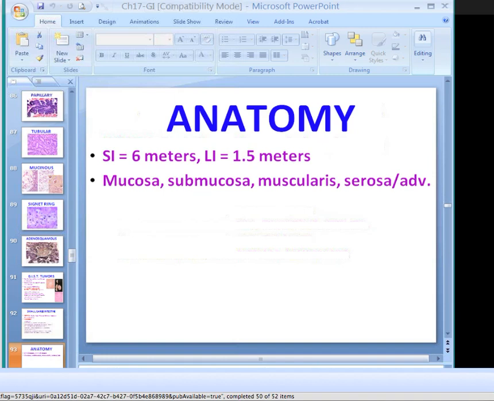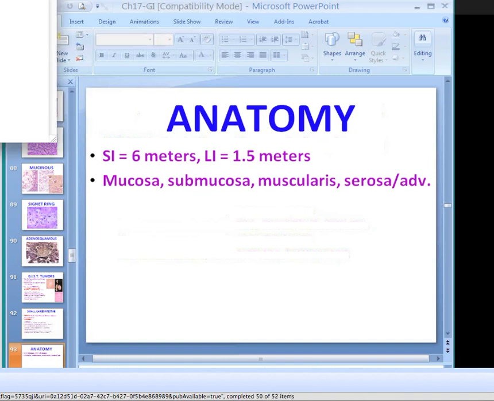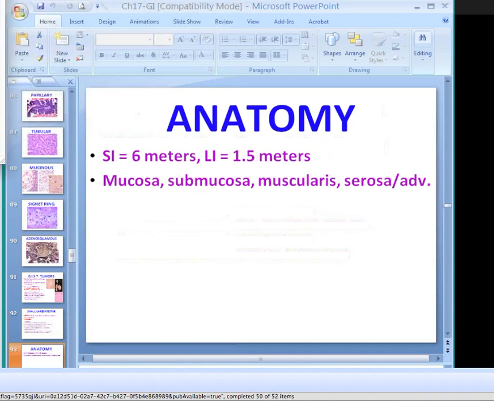But if you look at the primary infolding, which are called the plicae, the submucosal invaginations, and then the villi, which are the secondary one, and then the microvilli, which is the surface of the actual epithelial cells, you now have a surface area that went from 5 square feet to a tennis court.